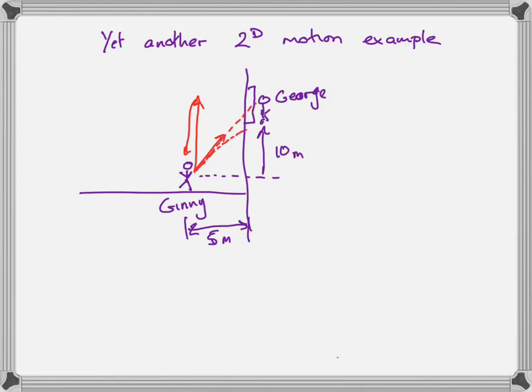You could throw it really hard and hit George really hard and make him fall backwards. Or we could throw it up and have it come down right through the window. So there's a lot of different initial velocities we could give the object that we're throwing George.